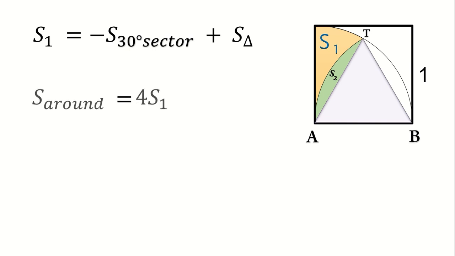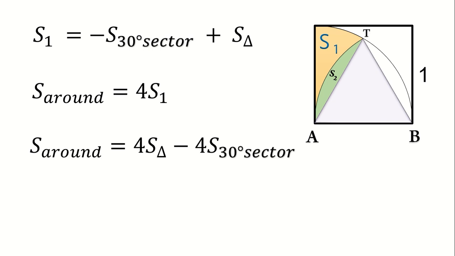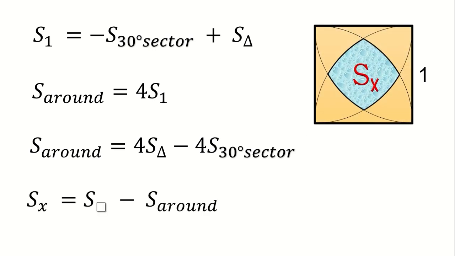And then we can get S1 and then S around, and then consequently the Sx. So S around is equal to 4 times S triangle minus 4 times S 30 degrees sector. And Sx is equal to S square minus S around, as we get back to the original problem.